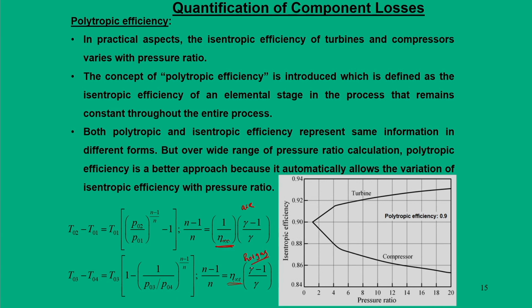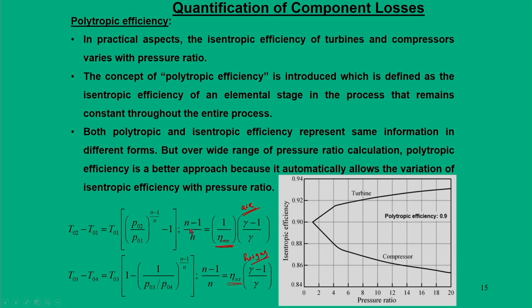So, this gamma is also going to change. By keeping polytropic efficiency the same, and with gamma having a realistic value for air and hot gases, we can have a value of n defined.